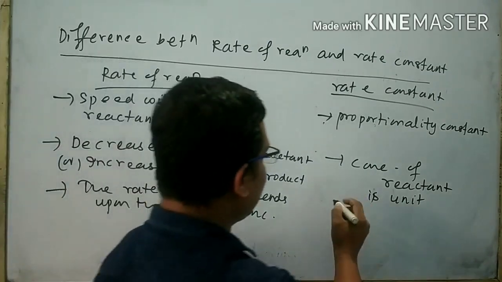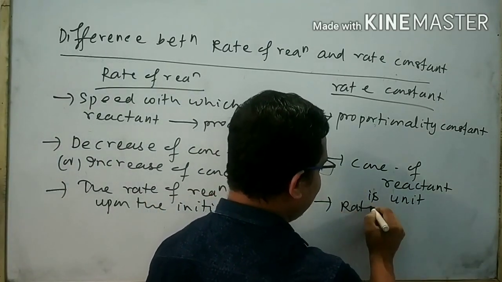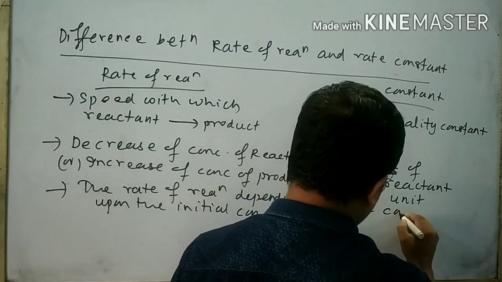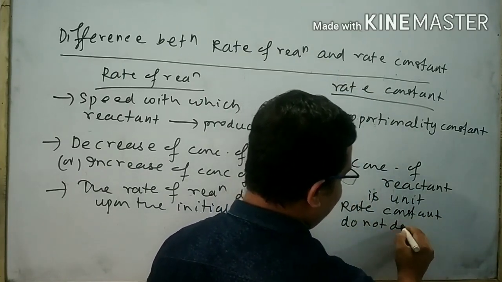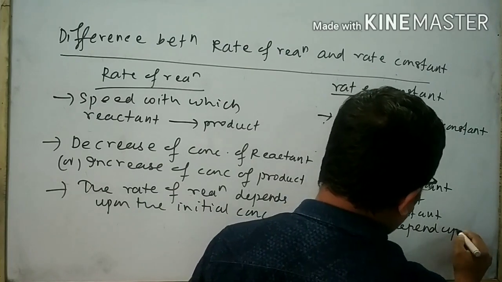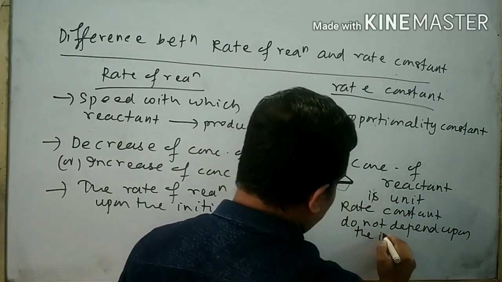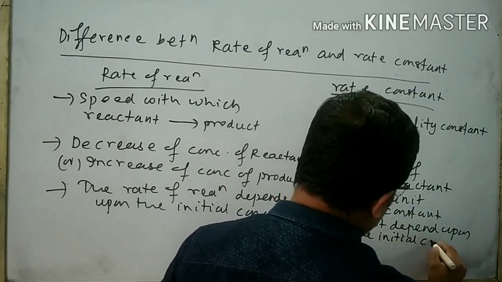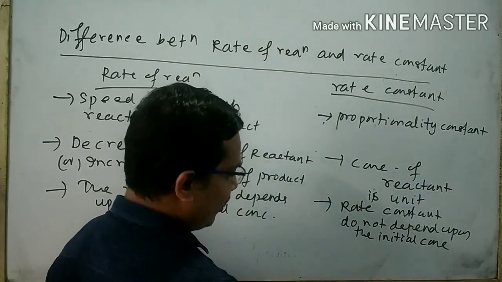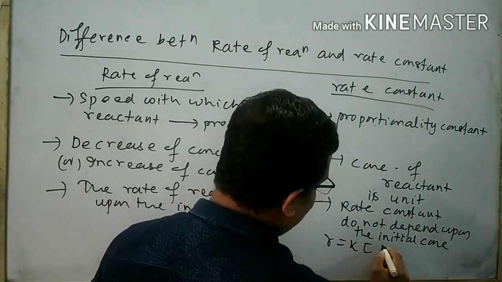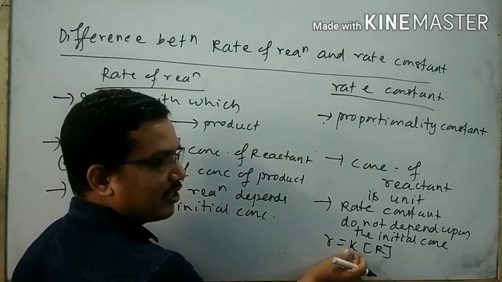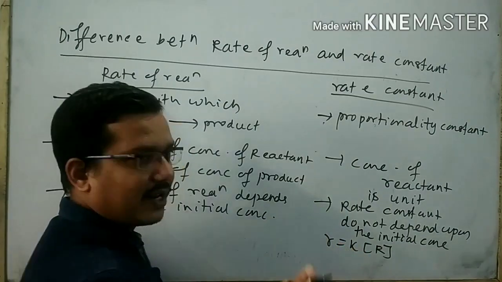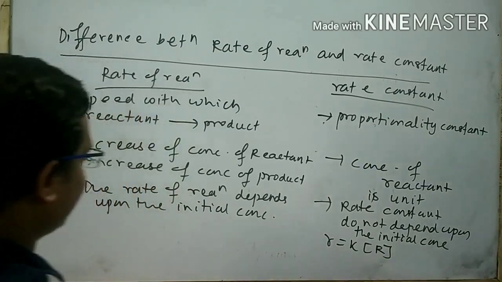But remember, the rate constant does not depend upon the initial concentration, because R is equal to K into concentration of the reactant, and this K value is always constant for a particular reaction at a particular temperature.